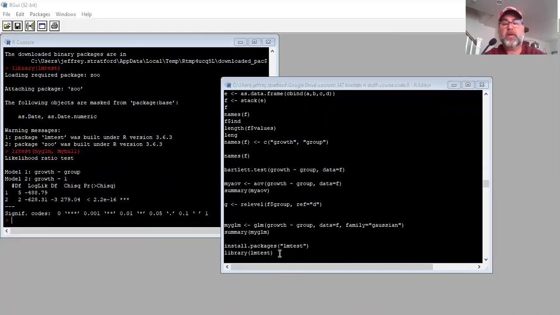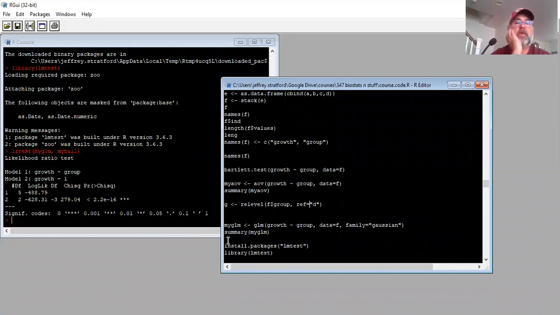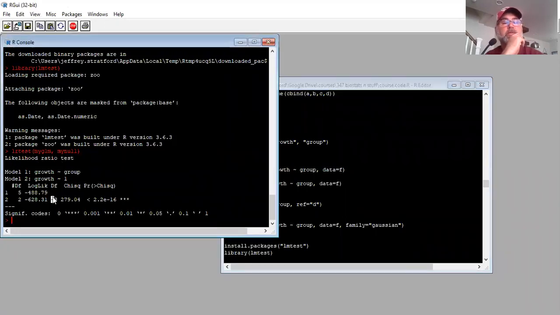You pull it up using library lmtest, and then I ran the LR test, the likelihood ratio test, my GLM versus my null. And so you get model 1, model 2, the degrees of freedom in each model, which is handy to see. And it compares the reduction in deviance to a chi-square distribution.